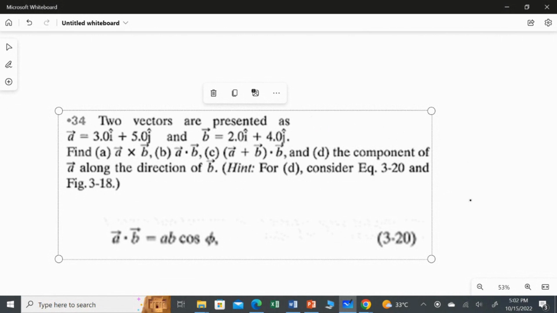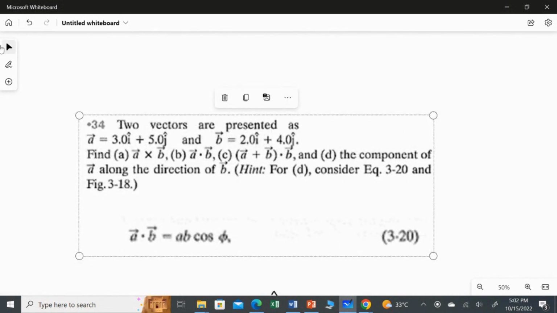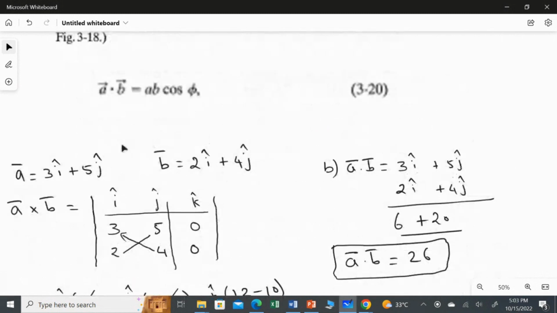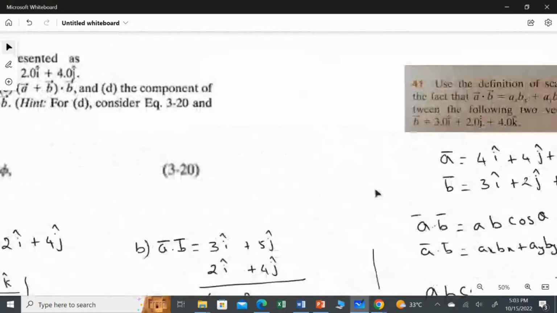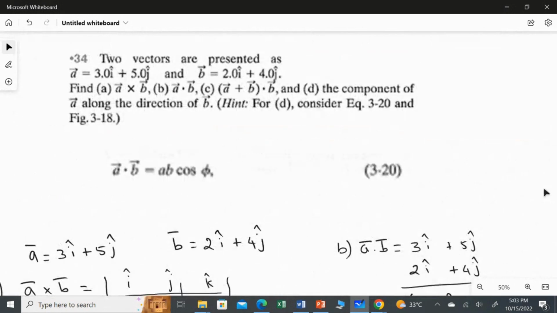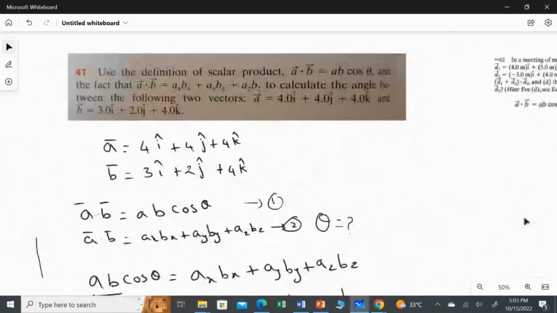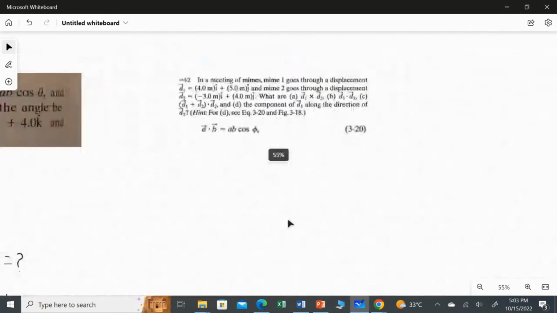The concept we used here was A cross B, A dot B. In place of A, there is D1, and in place of B, there is D2. So likewise, you have to follow the method we followed in the 34th question.